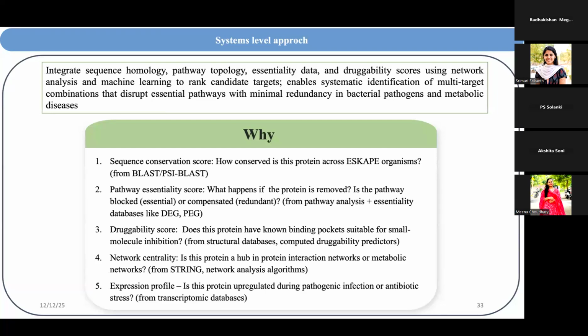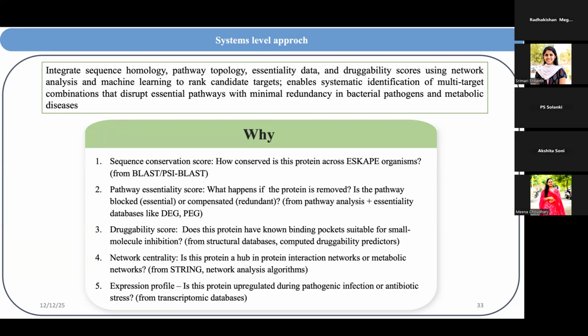Next is the systems biology level approach. In the previous approaches, each provided one piece of information. This is where the integration happens. We combine sequence homology, pathway, druggability prediction, and network centrality into a unified model.